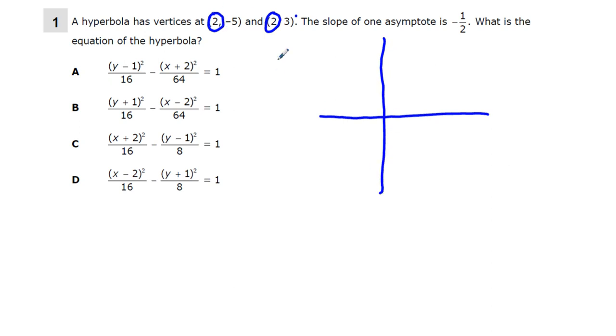We have our vertices at (2, -5). So here's 2, -1, -2, -3, -4, -5. So there is a vertex down below, and also at (2, 3). So 2, 1, 2, 3. So here would be our vertices, meaning that the hyperbola is going to look something like this.